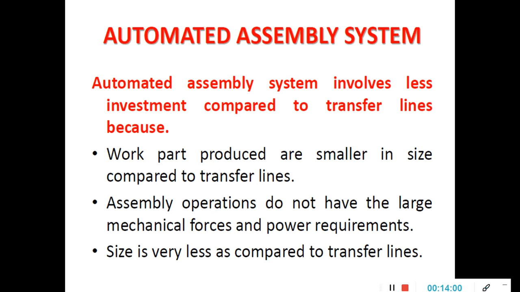Of course, when machining operations are performed, the mechanical forces and power requirements are higher. But in assembly operations, you are only joining the different sub-assemblies. So there is no need of maximum mechanical forces or power. The size is very less as compared to the transfer line. Of course, the size of this automated assembly line is very less as compared to the transfer line.